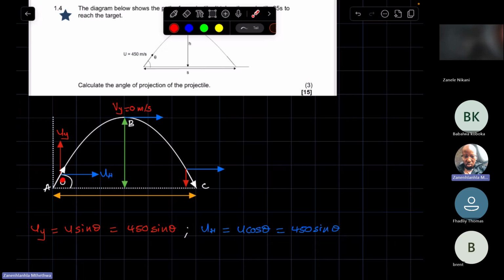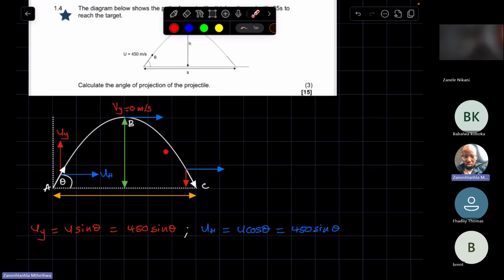As this approaches the apex, the velocity in the y direction decreases because of gravitational acceleration, which is opposing the motion.